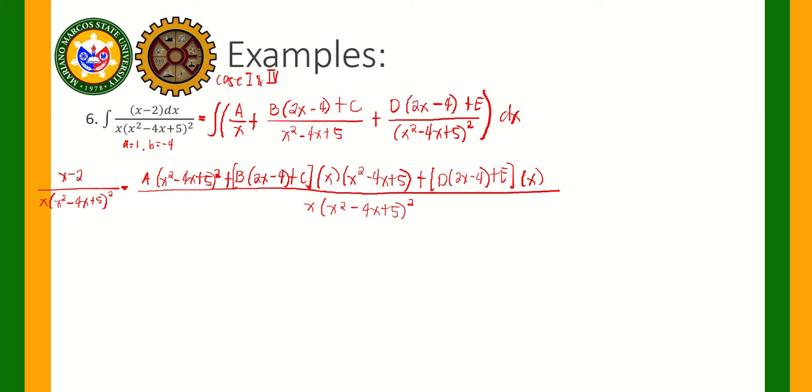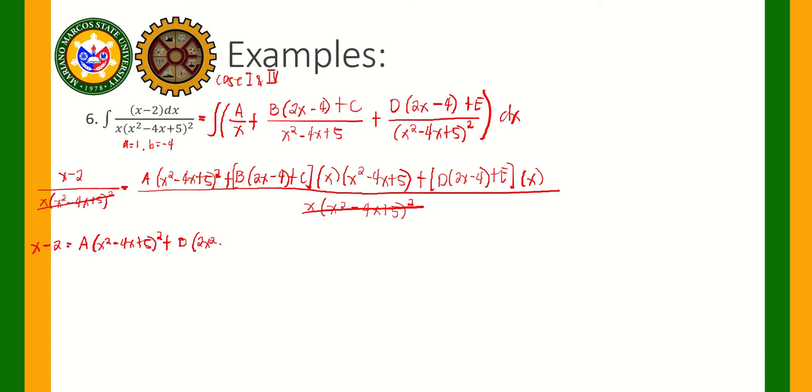So, paghiwa-hiwalayin na lang muna natin. Okay? Mamaya na. So, this will cancel. Okay, of course. And we are left with x minus 2 is equal to a times x squared minus 4x plus 5 quantity squared plus distribute natin to. So, this will be equal to b times 2x squared.